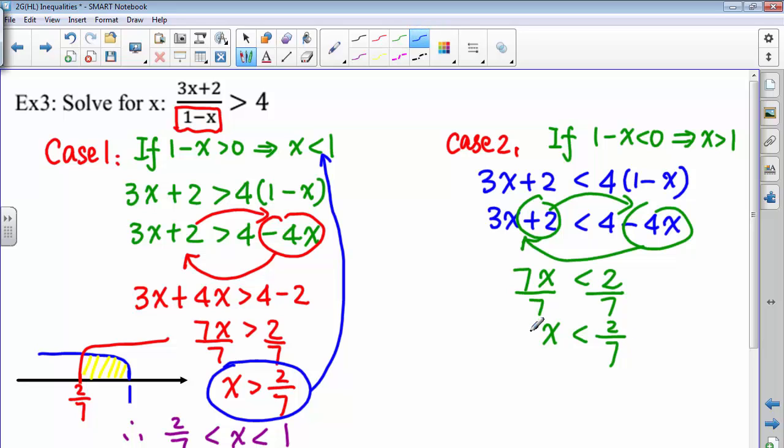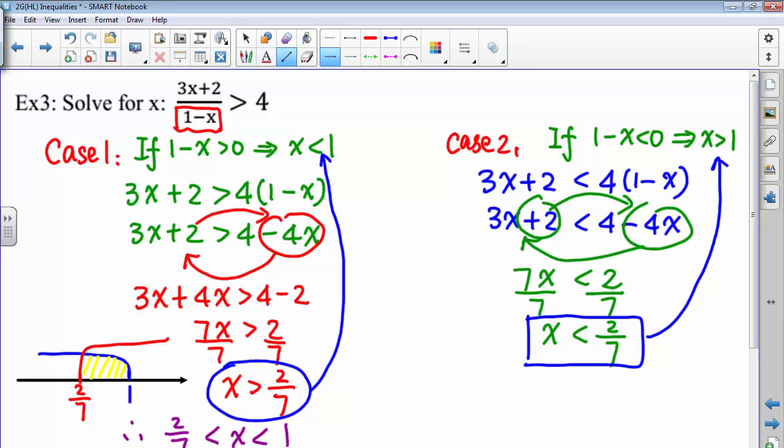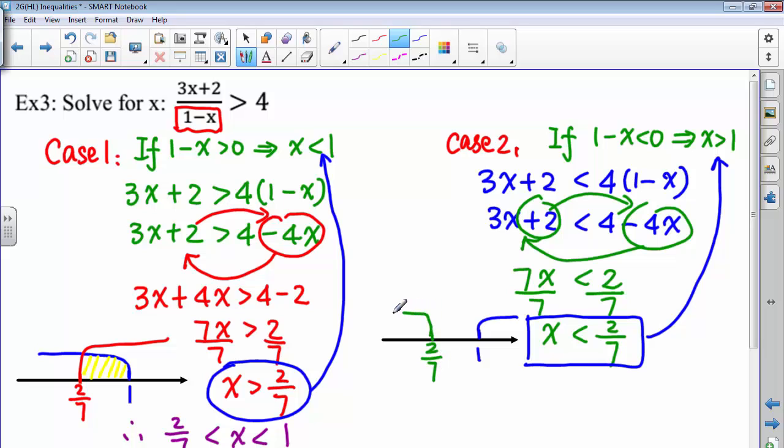But you need to remember you got this solution based on this condition. I still need to find the overlapping part. So on the number line, x is larger than 1 goes that way. Less than 2/7 goes that way.